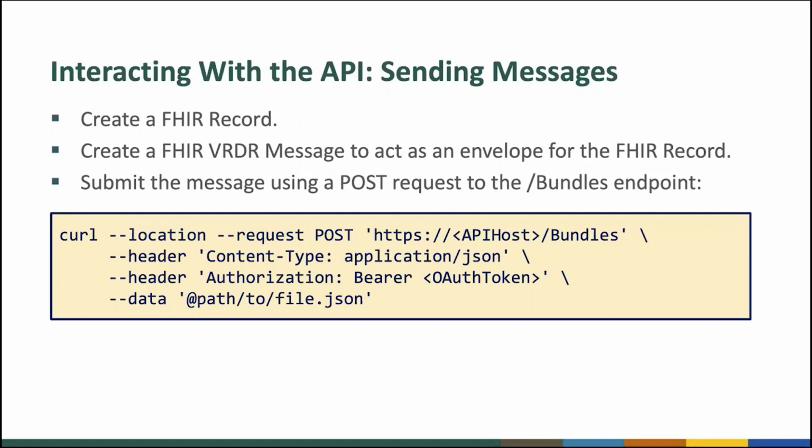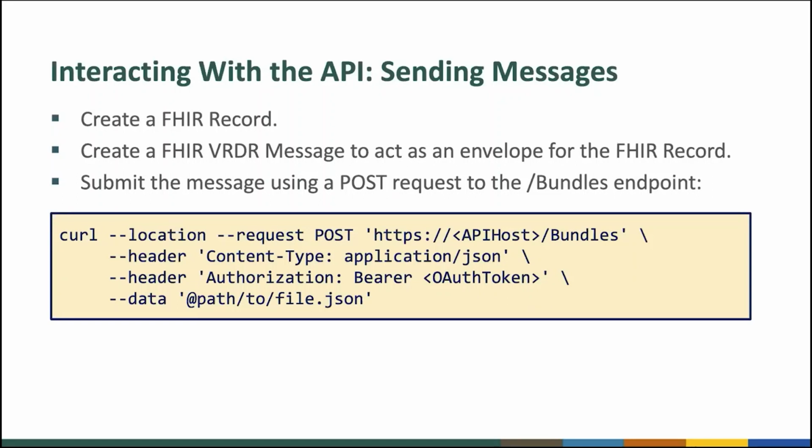We won't talk about it in detail today, but essentially it is mapping the data that is in the jurisdiction's electronic death registration system or backend database system and putting it into the FHIR format. Once it's in that format, the next step is to create a FHIR VRDR message that acts as an envelope for the record. And then very simply, that envelope containing the record is submitted using a post request to the bundles endpoint of the API.